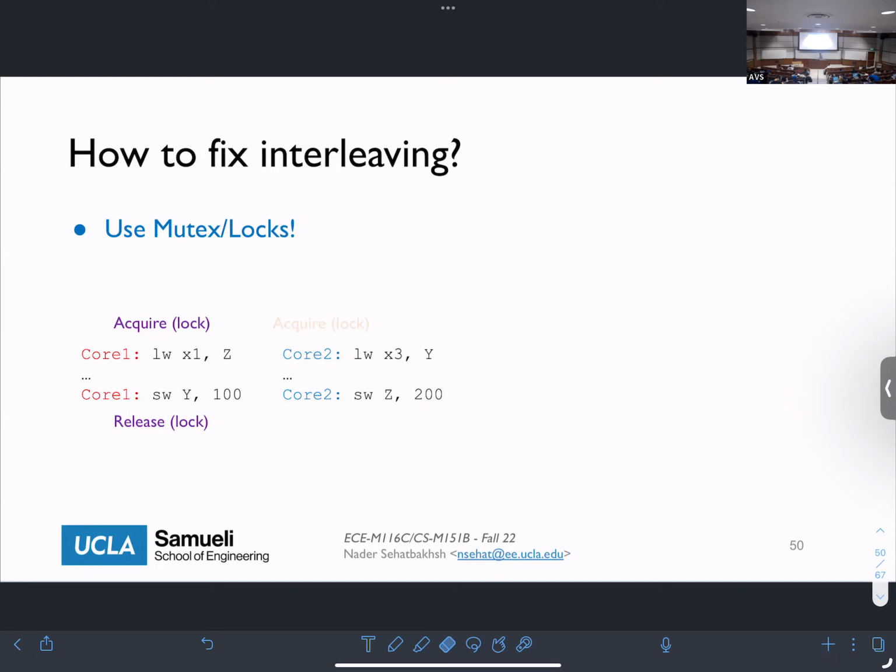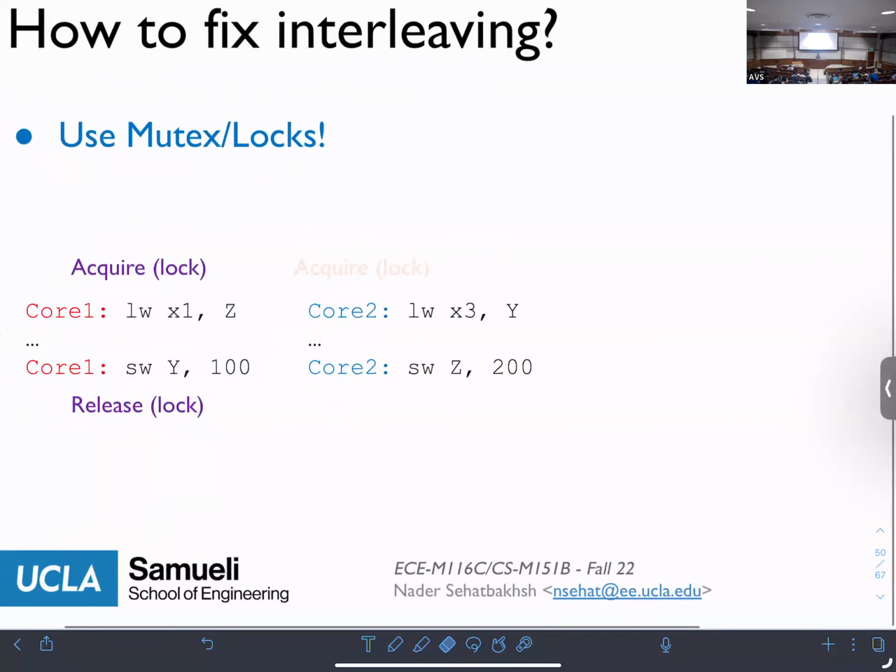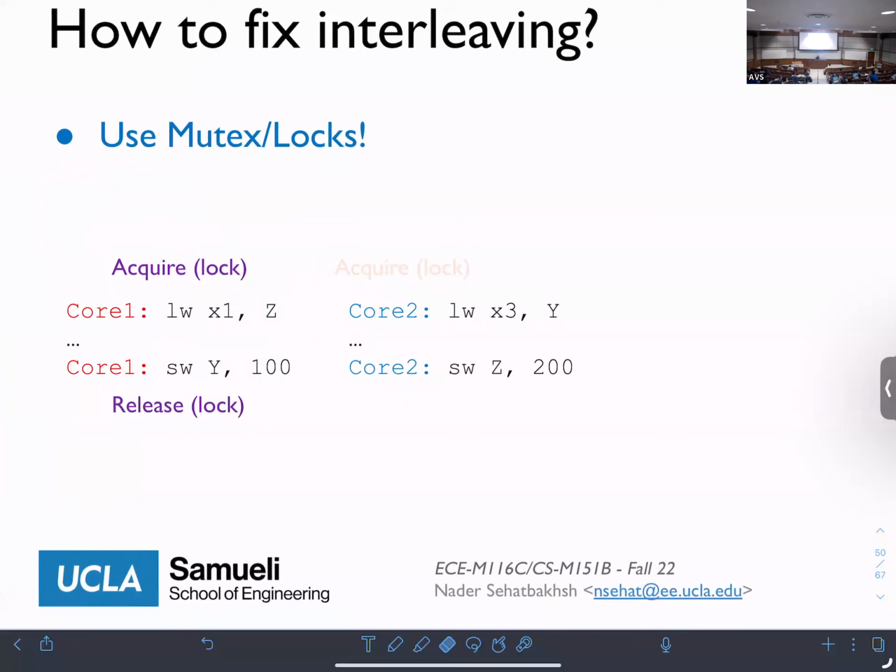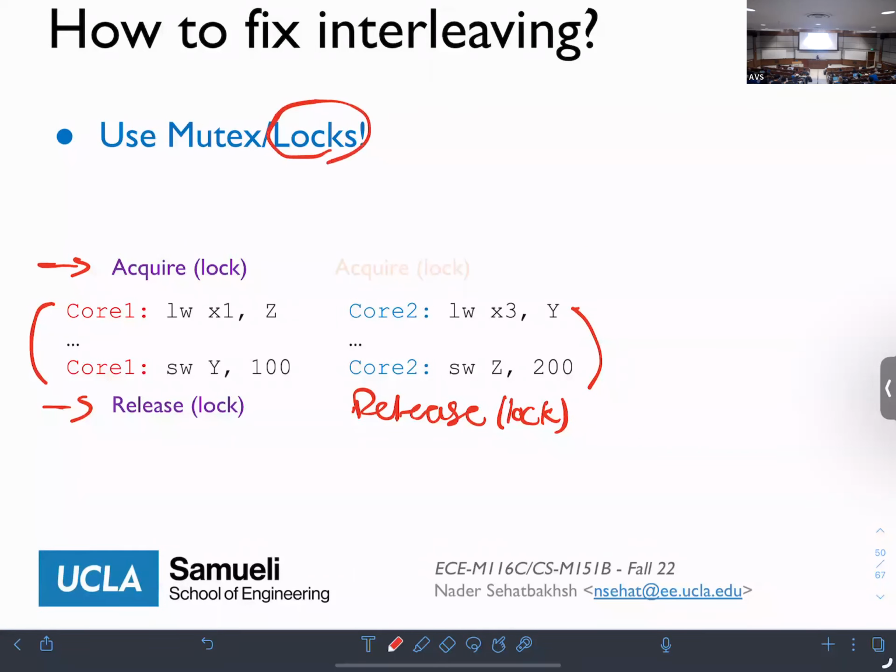Conceptually, if you remember the examples that I gave you, if you have one core and the other core, and we add acquire lock and release lock for both these cores, what happens is that to create mutual exclusiveness, we introduce this concept of a lock.